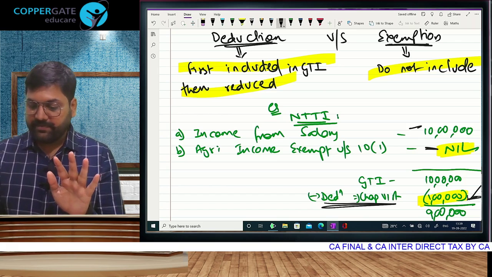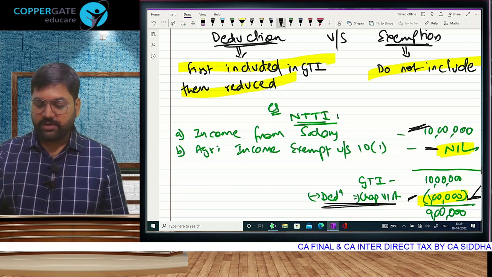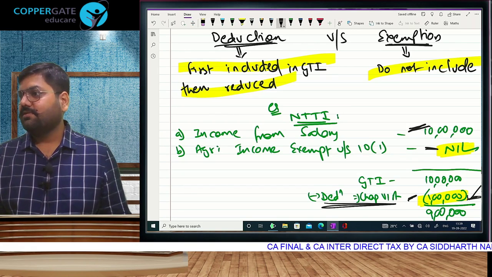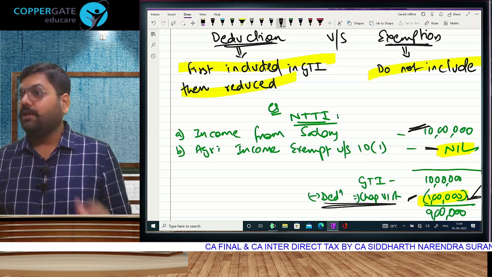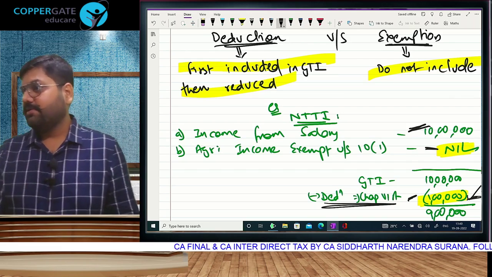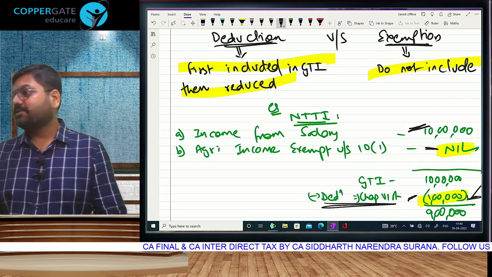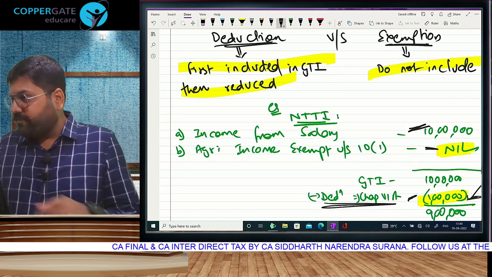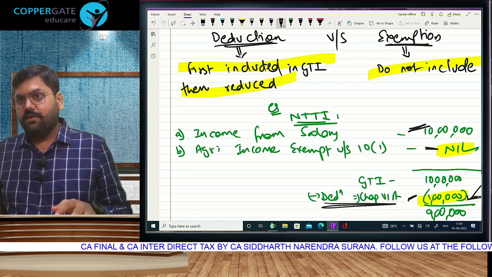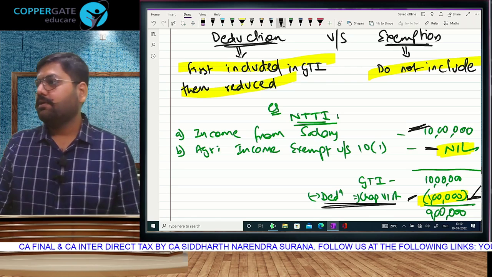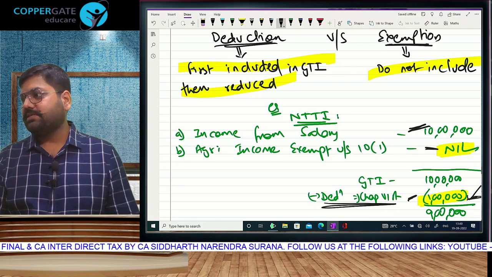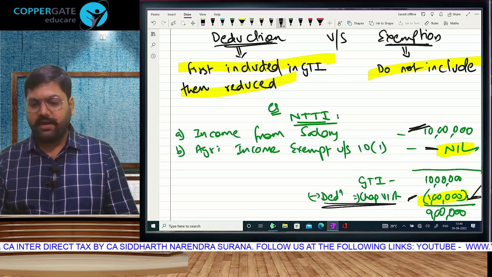The 6th year, it will not come. So when we want to give you any tax benefit for a limited period, then we put it under deduction. But when we want to give you a tax benefit for a longer period and a full quantum, we put it under exemption. That's the difference between exemption and deduction.